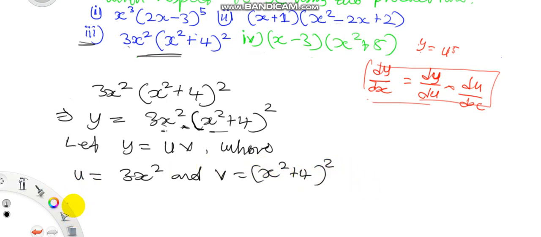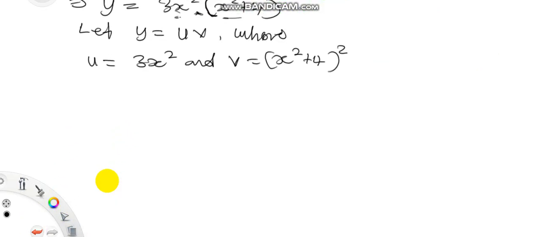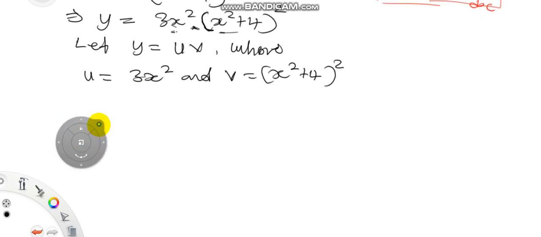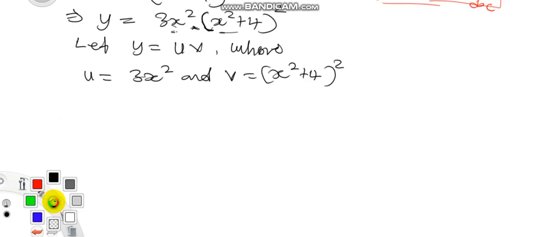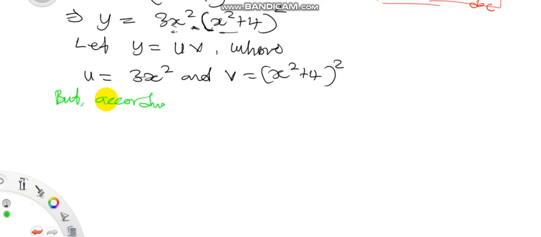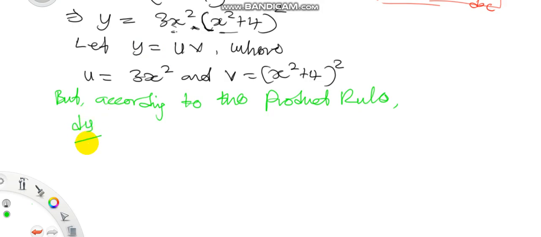According to the product rule for differentiation, dy/dx, the differential coefficient of functions that are a product of two other functions, which are themselves functions in a particular variable, in this case x.